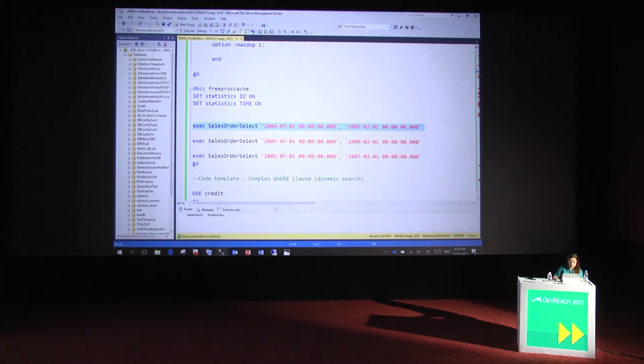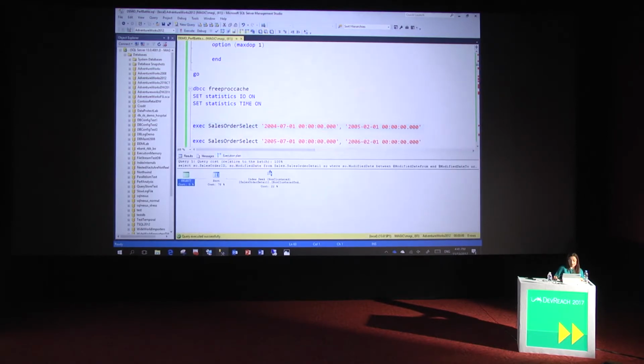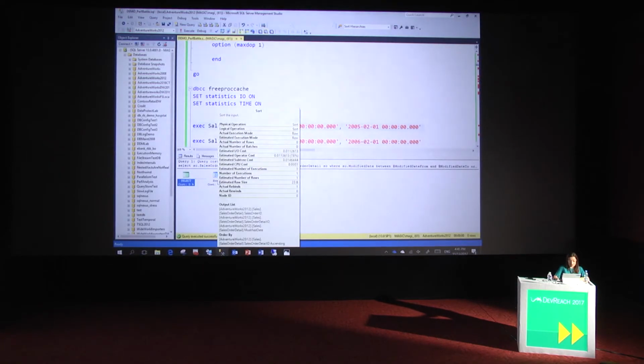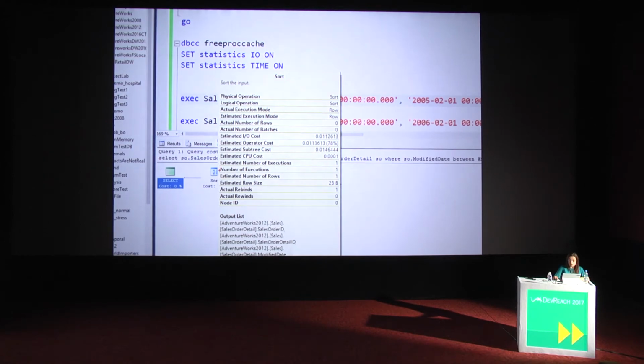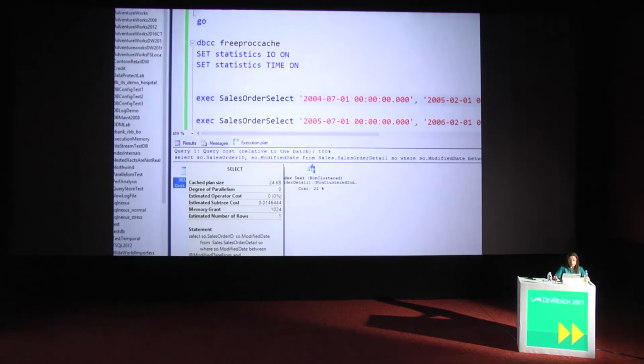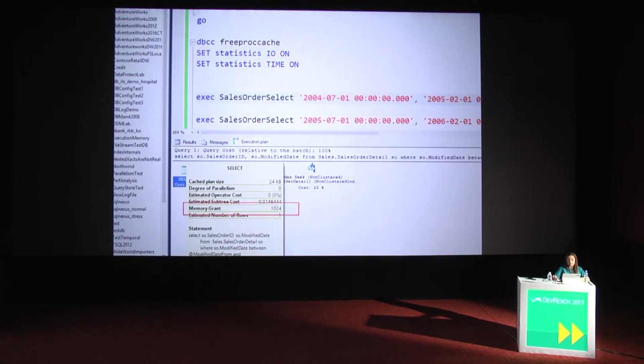What I have here is this sort operation. I still don't have an index seek. I have a sort operation, and the sort operation expects to sort one row. By expecting to sort one row, it will allocate memory in the SQL Server instance that is enough for sorting one row.